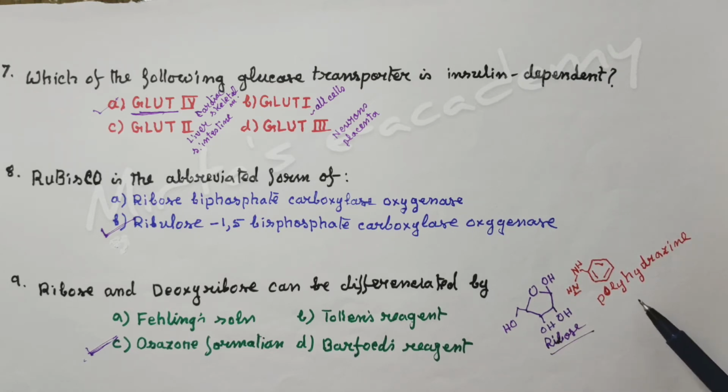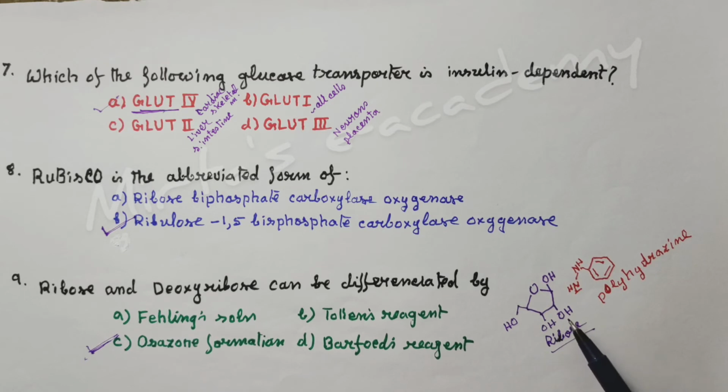Ribose and phenylhydrazine, they both react and form osazone. Because of this 2' OH group which is not there in deoxyribose, phenylhydrazine can react with ribose.